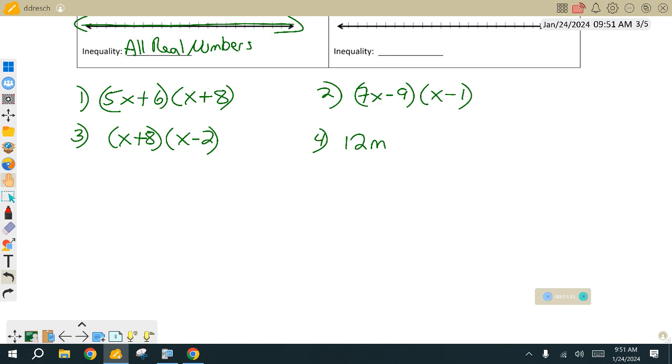12m, what do you have left over? Bring out a 12m, divide. 24m squared divided by 12m is 2m. And then a lot of you did that. Well, what's 12m divided by 12m? Something divided by itself is 1.